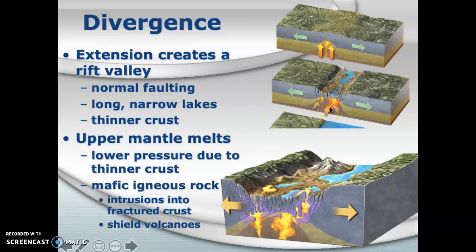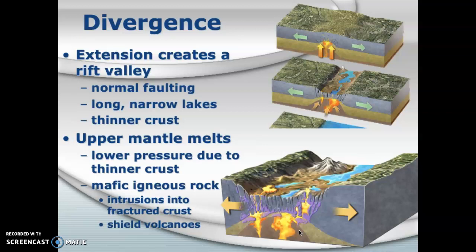The other thing that happens is that because the crust is thinner, there is less pressure on the mantle underneath. Now normally that mantle would be solid, but it is under conditions of very high temperature. It is the high pressure that prevents that material from melting.